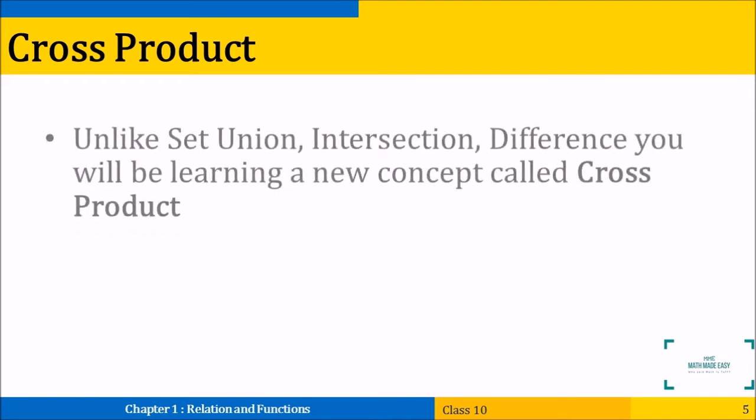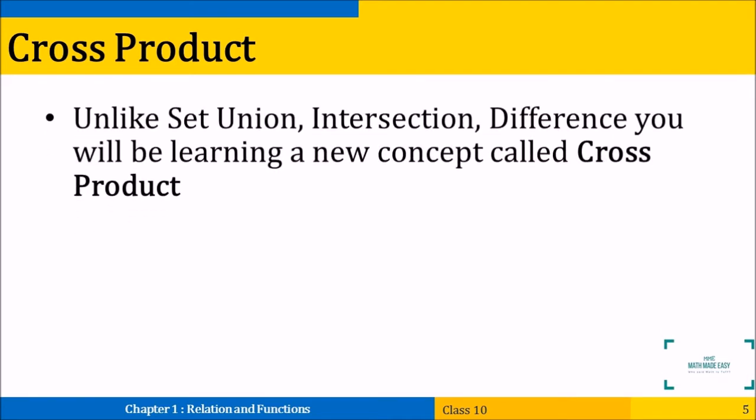Unlike set union, set intersection and set difference that you would have learnt in class 9, you are going to learn a new operation on sets called the cross product. So what do you mean by a cross product? Let's consider two non-empty sets. I repeat, let's consider two non-empty sets.